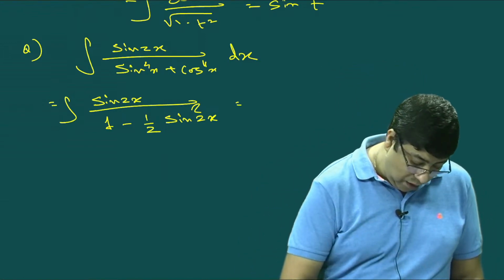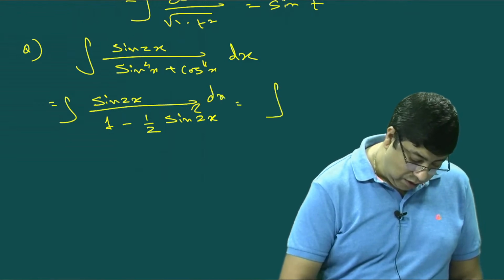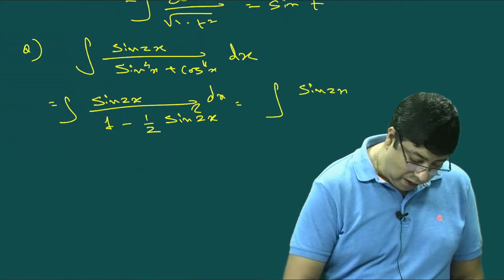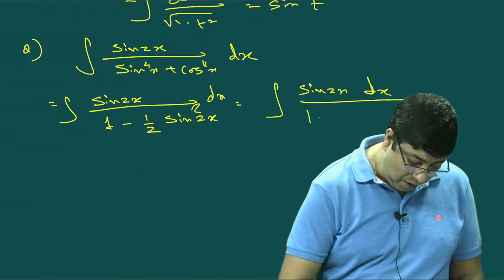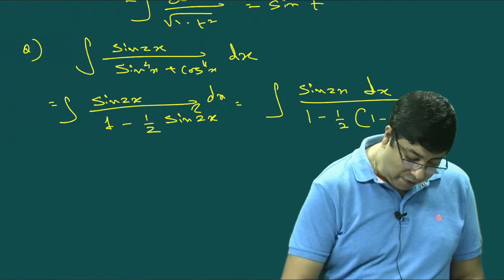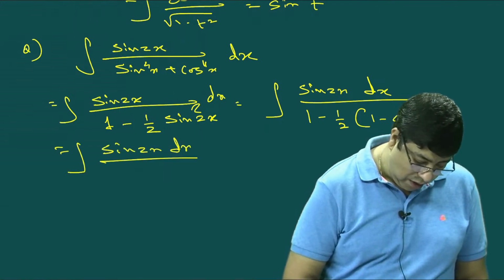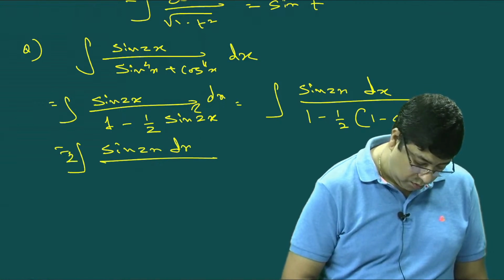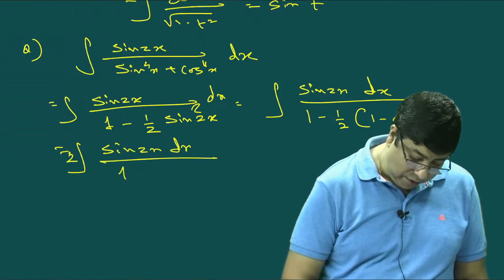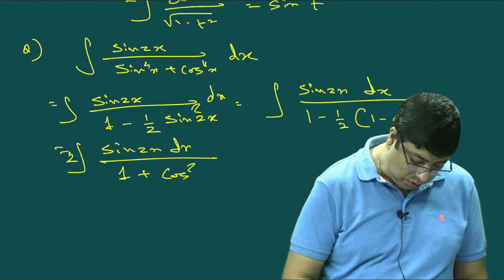So I am taking here integration of sin 2x dx by 1 minus half sin square, that means 1 minus cos square 2x. If we do the LCM, we are getting sin 2x dx by 2 minus 1, it means 1 plus cos square 2x.